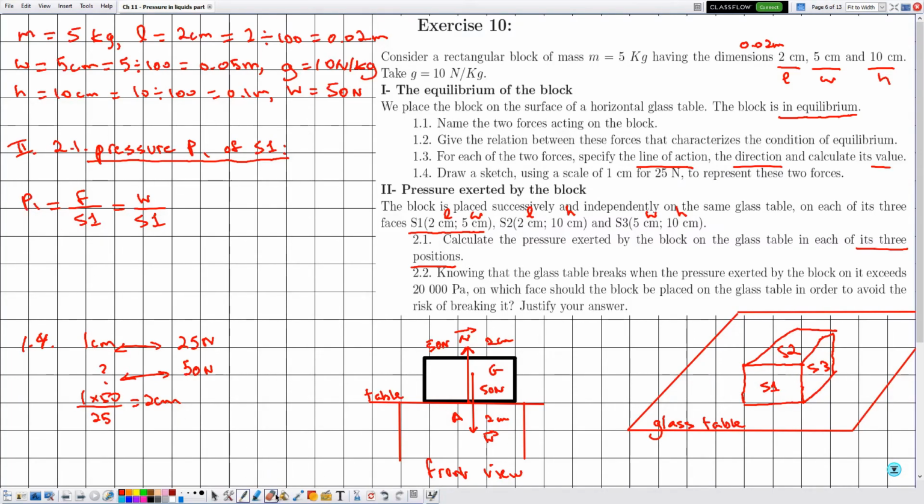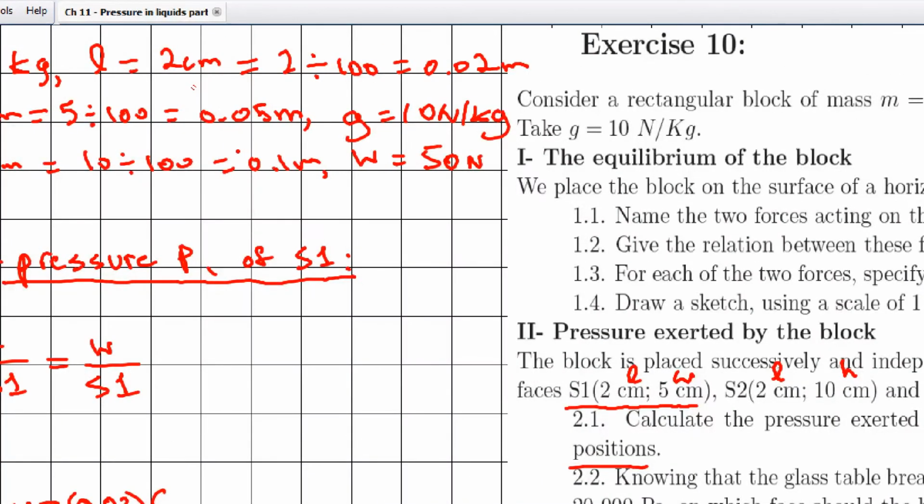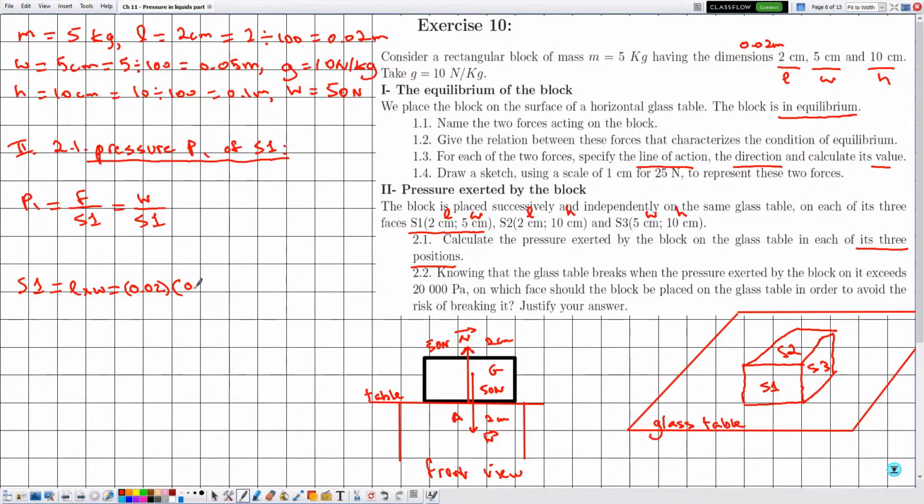In order to calculate P1, we need to determine the value of S1. So the area S1 is given by the length times the width. Now the length in the SI is given by 0.02 multiplied by the width, which is 0.05.